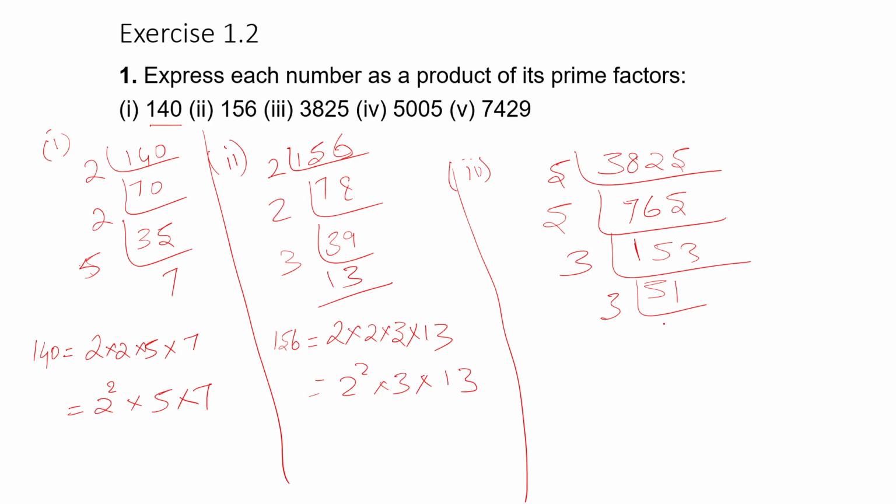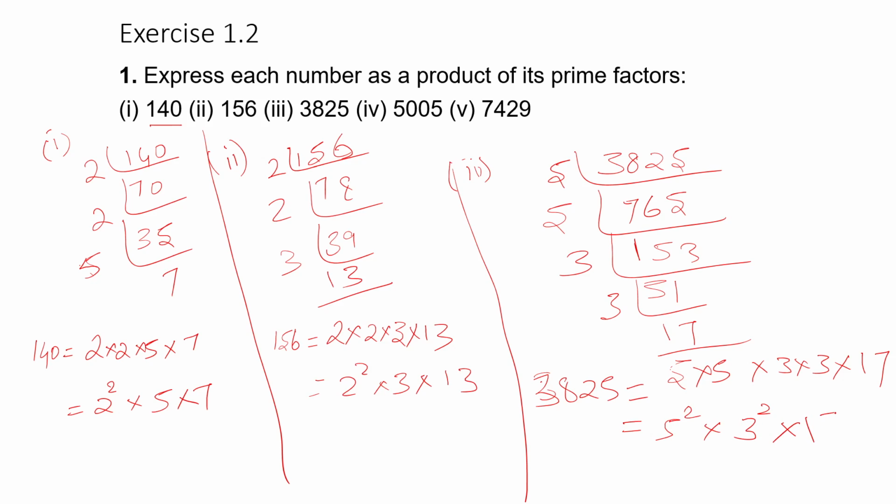Again you can use 3. Yes, 17. 17 is a prime number, so it's done. So 3825 is equal to 5 into 5 into 3 into 3 into 17, or you can write it as 5 square into 3 square into 17.